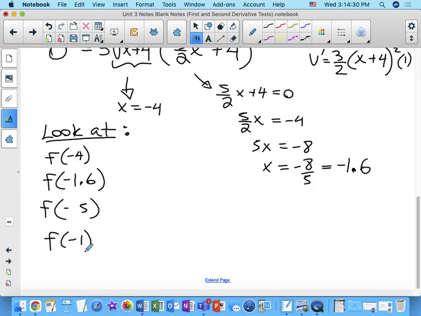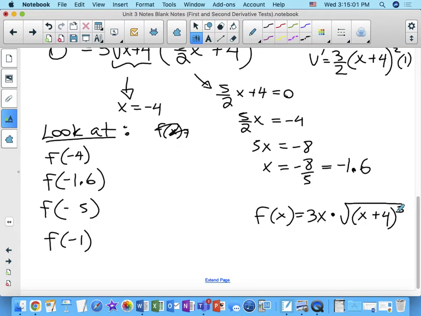Okay, now the original function was f(x) = 3x(x + 4)^(3/2). Maybe I'll write it down here because I'm running out of space there. Now, (x + 4)^(3/2) is the square root of x + 4, cubed.